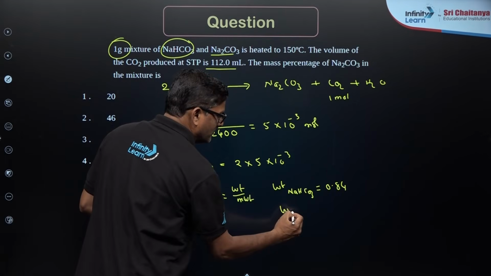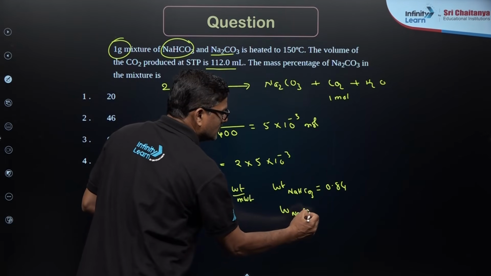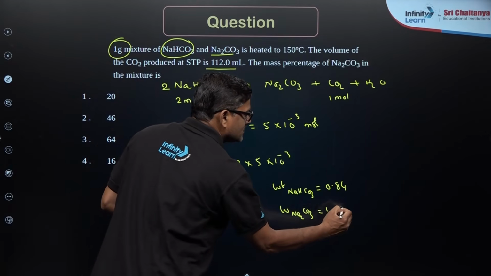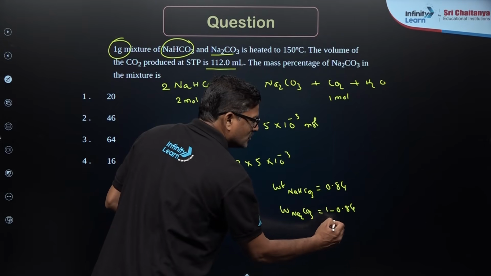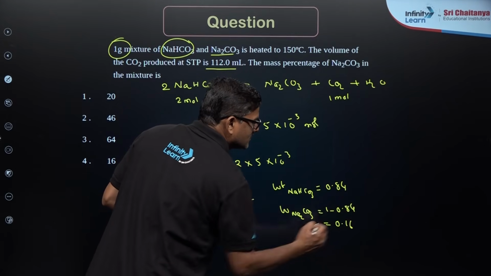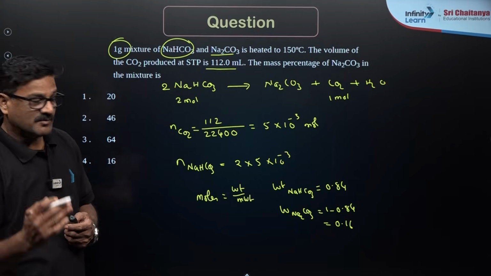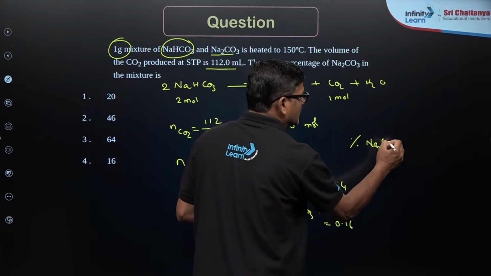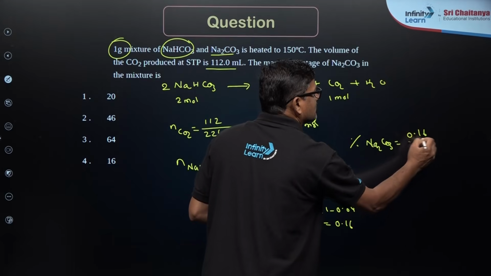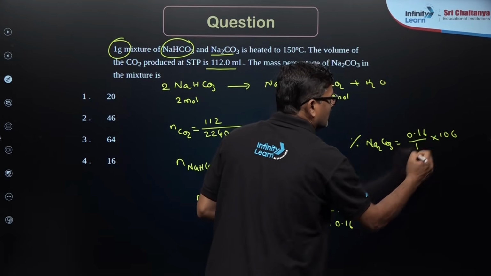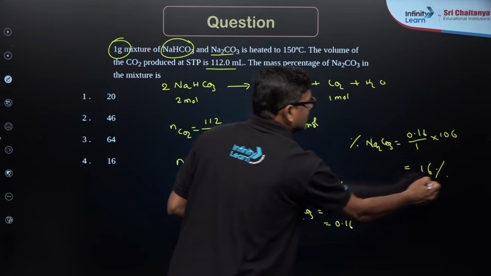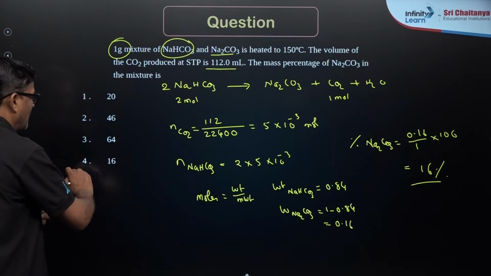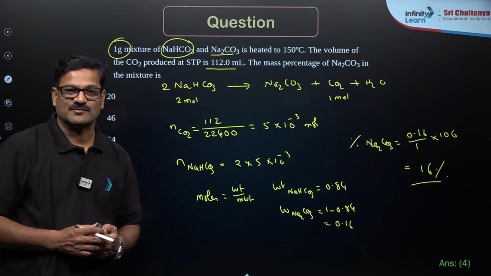So that weight of Na2CO3 is going to be 1 minus 0.84 which comes to be 0.16, and the mass percentage of Na2CO3 is going to be 0.16 upon 1 into 100, which is 16%, the correct answer for this. Option 4 is the correct answer for this question.